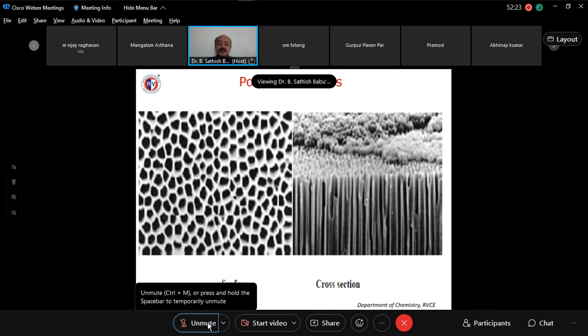And if you take the cross-sectional picture, you are going to get this kind of pores. Okay, if it is cut cross-section, you are going to get small pores like this. They can be seen like this. So these pores can allow only the passage of water molecules, not other dissolved salts and impurities.